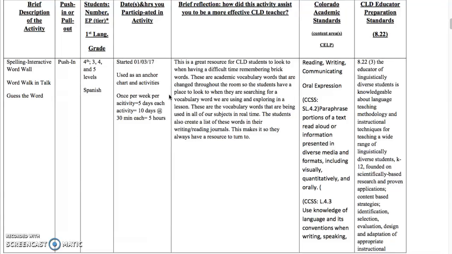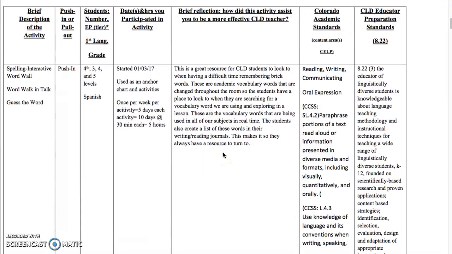So this would work as a tier. Some of the students would be able to not use this. They would already have that academic vocabulary word in their master memory and their long-term memory. But for the students that needed help, like my level 3 ELL student, they would have this to look to for that assistance and understanding what was being expected of them.